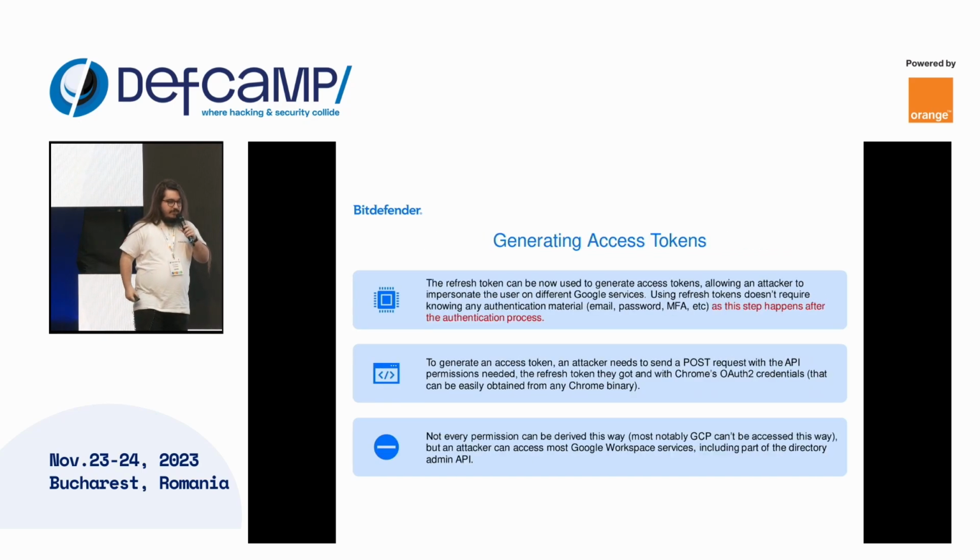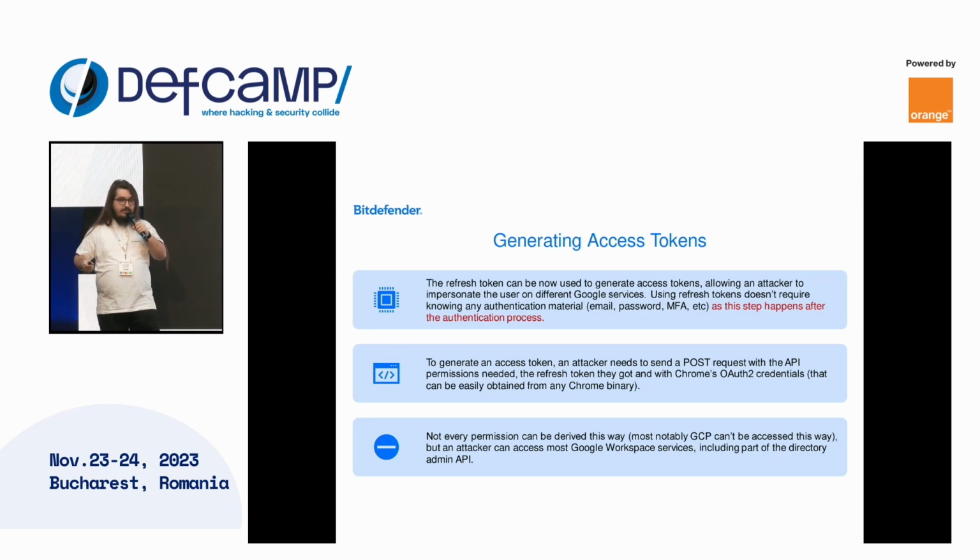All right, so generating access tokens. This is pretty important because the refresh token can be used to generate access tokens to different Google services without using any authentication material.